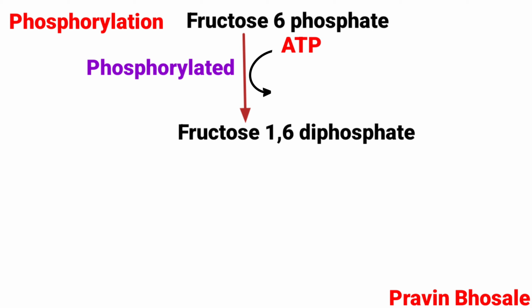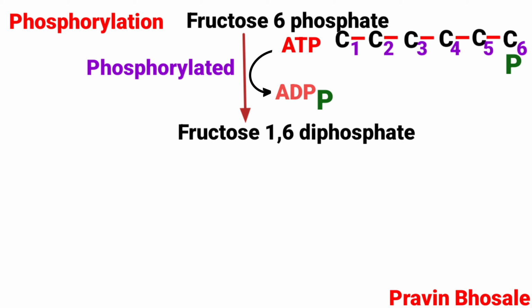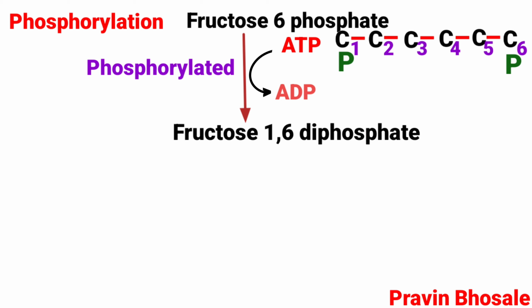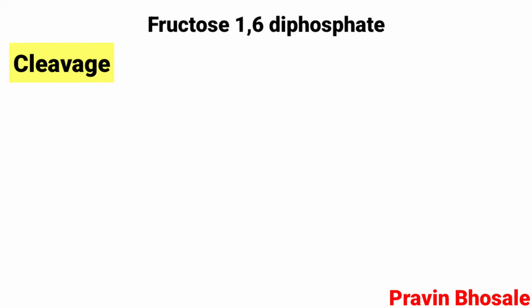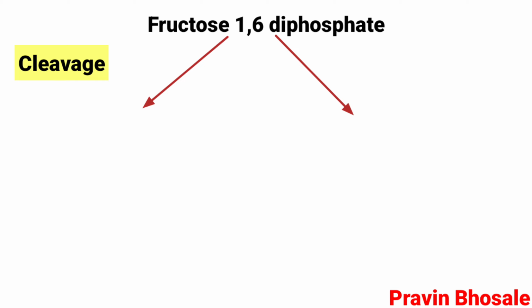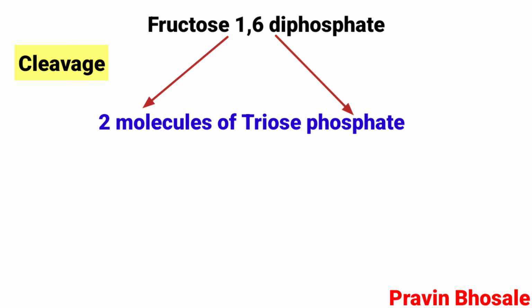Here ATP is used. Inorganic phosphate gets attached to carbon atom 1 of fructose 6-phosphate and it forms fructose 1,6-diphosphate. Cleavage: fructose 1,6-diphosphate splits up into two molecules of triose phosphate.